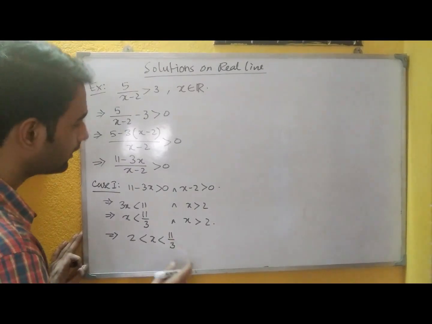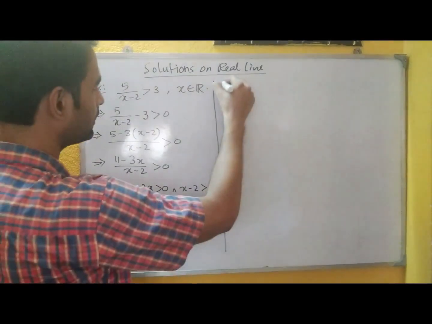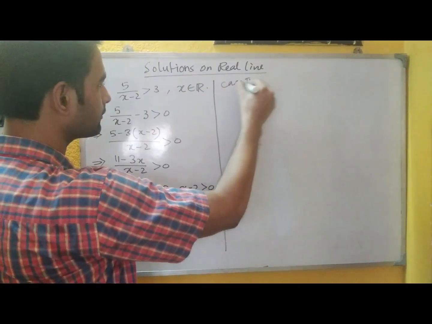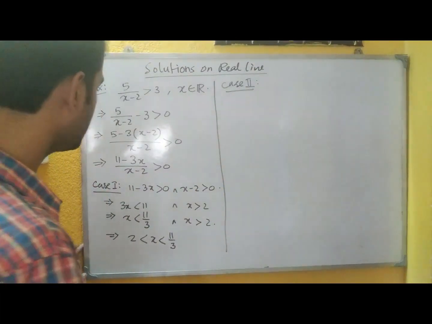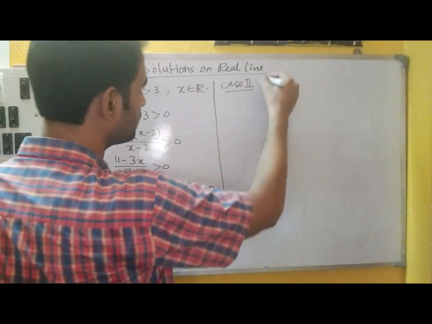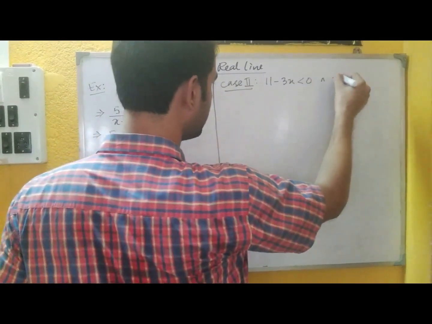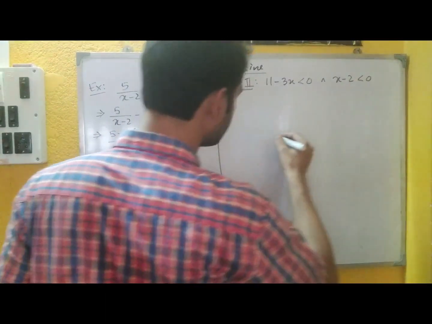Okay, leave it here and we will see the other case, that is case 2. Then finally we will write the solution. So in case 2, what will be the case? Both will be negative. First of all, we write 11 minus 3x less than 0 and x minus 2 less than 0.